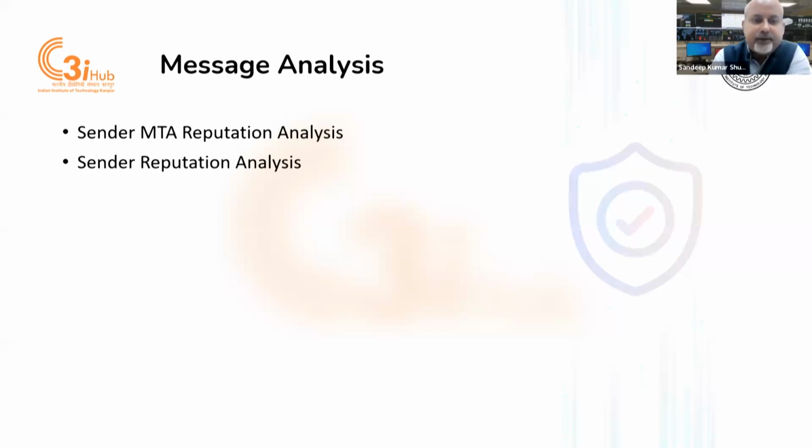Message analysis: when you get a message, whether it is an email message or an HTTP request or a REST API call or some other API call, you may want to know where this is coming from, right? So this is a message transfer agent reputation analysis: where it is coming from, whether this IP address is malicious, whether this IP address is supposed to be the one that is associated with the domain from which this message is supposed to come.